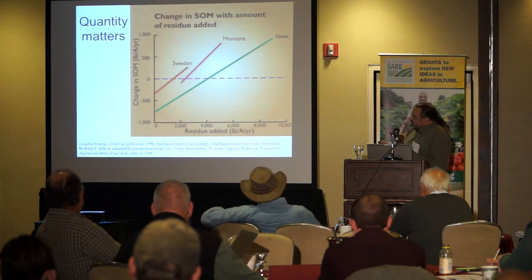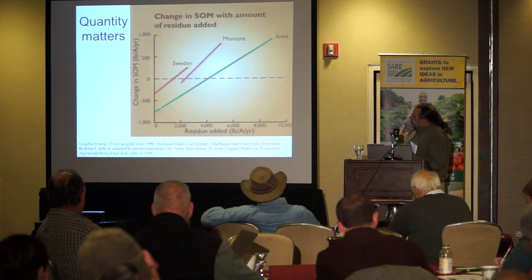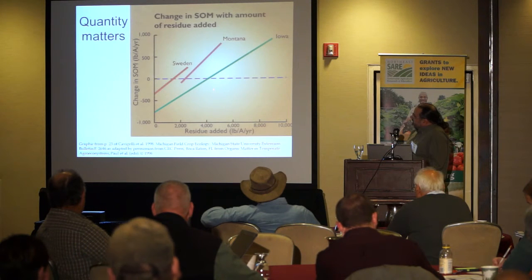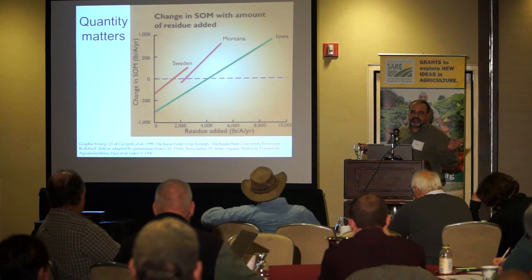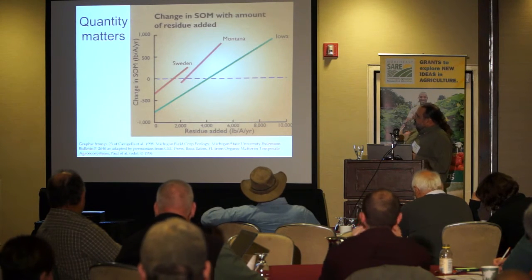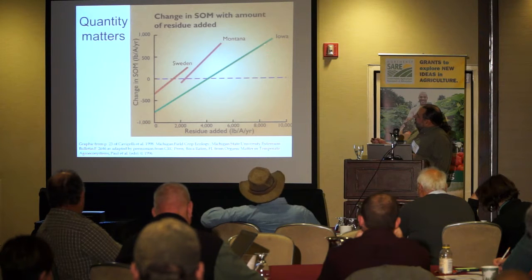This is a graph that just kind of quantifies some of that, showing that you need a certain amount. If you look at this Iowa line here, at 4,000 pounds per acre of residue, you maintain soil organic matter at the same level. If you don't have that much, you're going to start losing soil organic matter. This is the change in soil organic matter here.